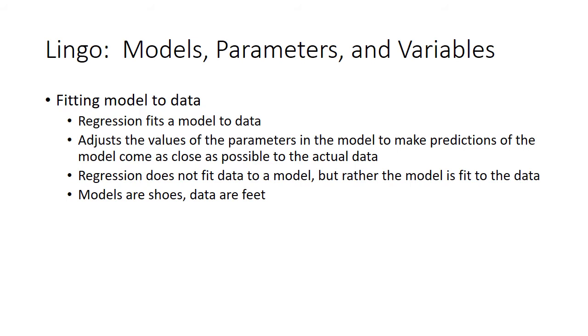So the way you can think about it is that the data are like your feet, and we're going to be conforming shoes around those feet rather than the other way around. So again, the data has to come first in these situations, and then we design a model that's going to fit that. That way you don't try to cram size 13 feet into a size 8 shoe. Rather, you start with those size 13 feet and say, okay, this is the type of shoe I'm going to need to cover that.